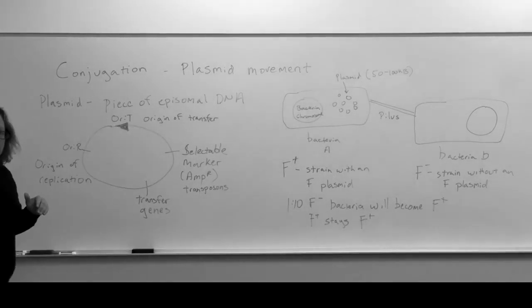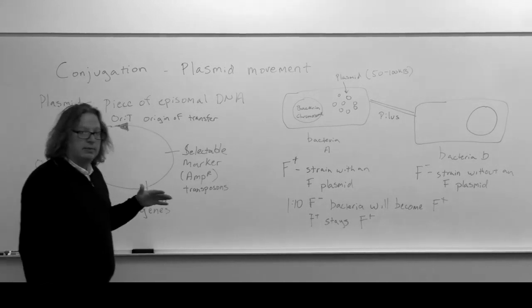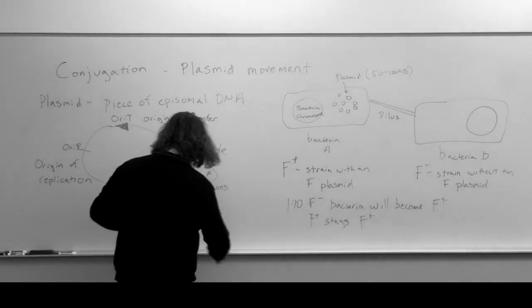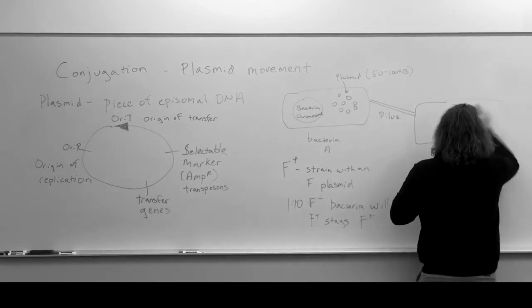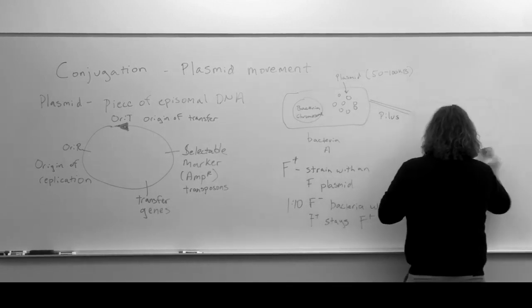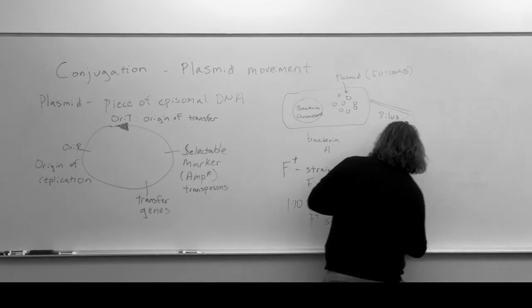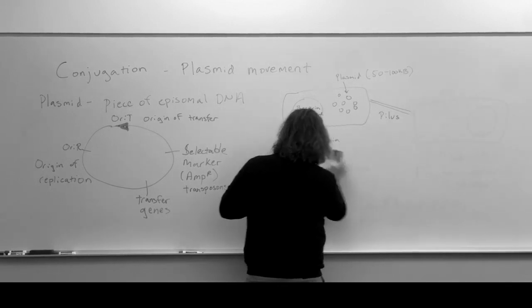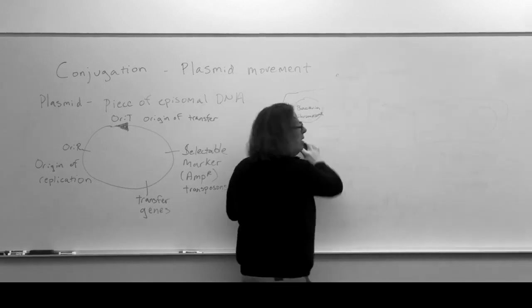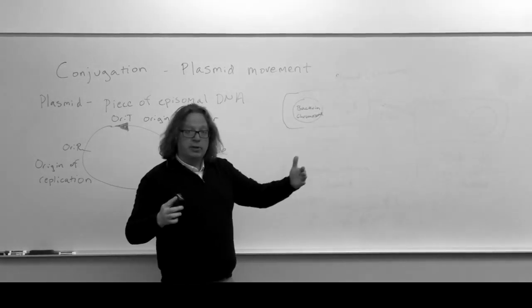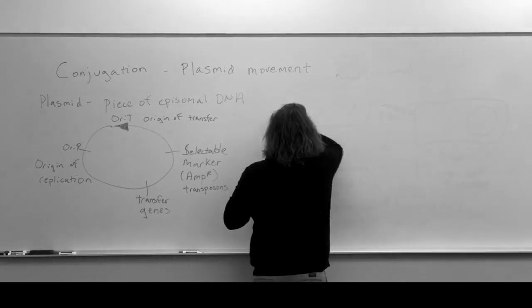So what is the fate of a plasmid once it gets transferred? So most of the sequence of a plasmid is actually unique to the plasmid. Last time we talked about accidental packaging of DNA into a phage particle.